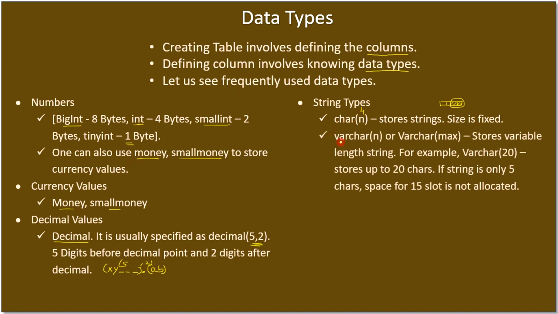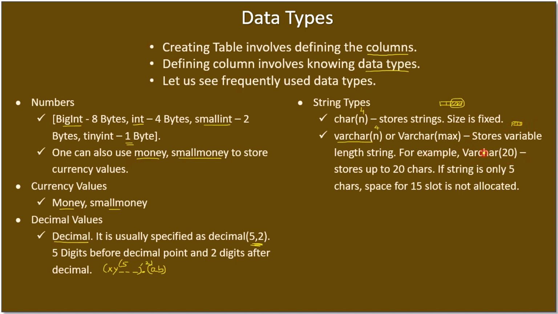Varchar stands for variable character. Say you specify 4 and you store only 2 characters, then it will release those 2 spaces so that they will be available. On the fly it will reserve the space, and the maximum space that can be reserved is 4 slots. That's what varchar(n) stands for. If you specify varchar(15) and store only 10 characters, the 5 will be released.